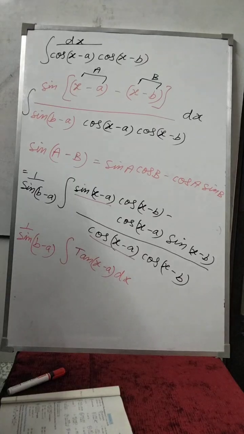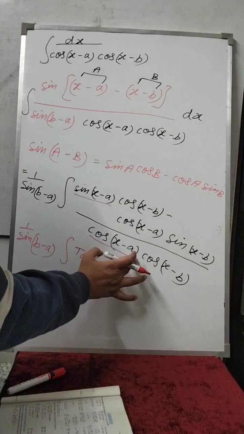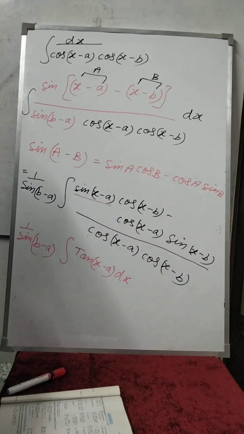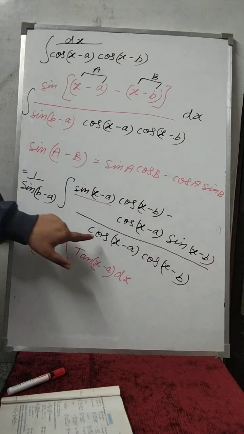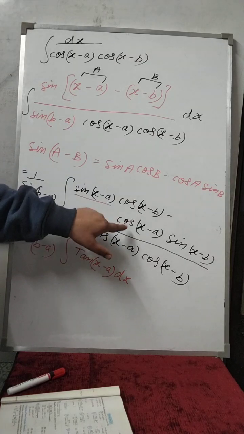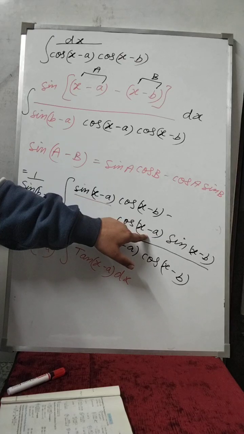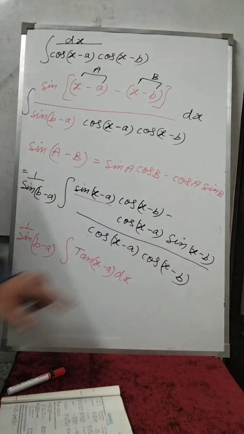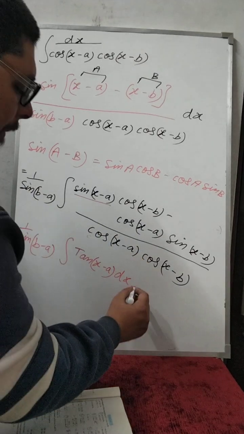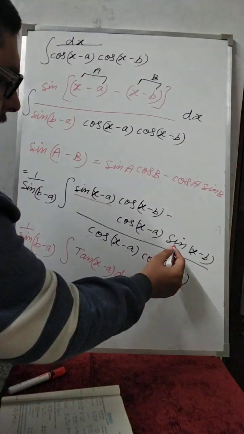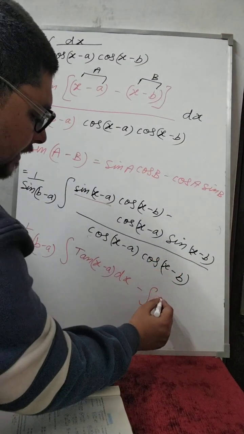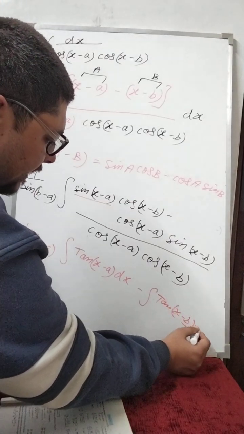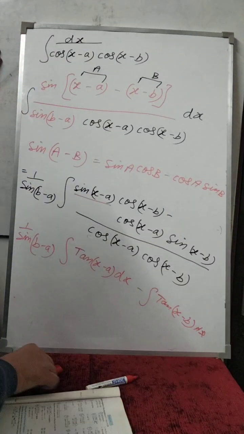Am I right? And when I divide the second term, cos x minus a will get cancelled with cos x minus a and I will remain with sin x minus b divided by cos x minus b, minus integration of sin x minus b divided by cos x minus b is tan x minus b, right friends, with respect to dx.